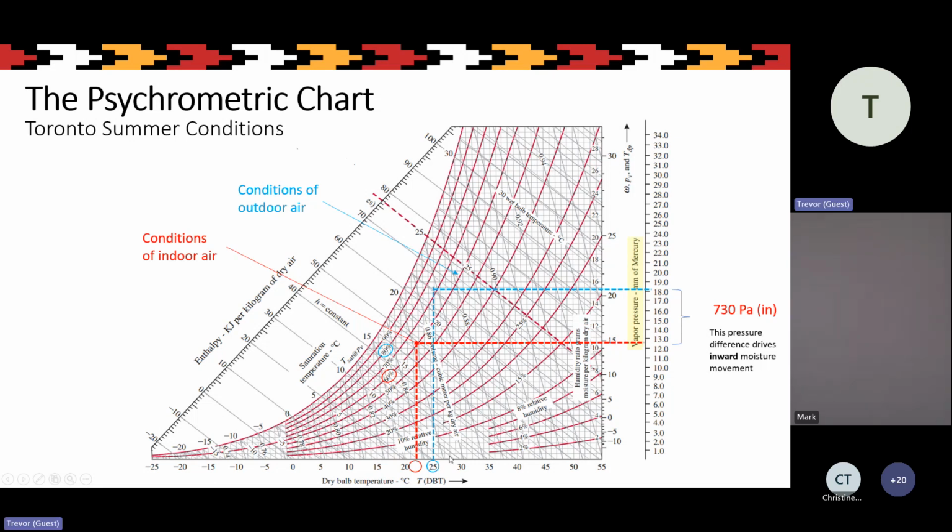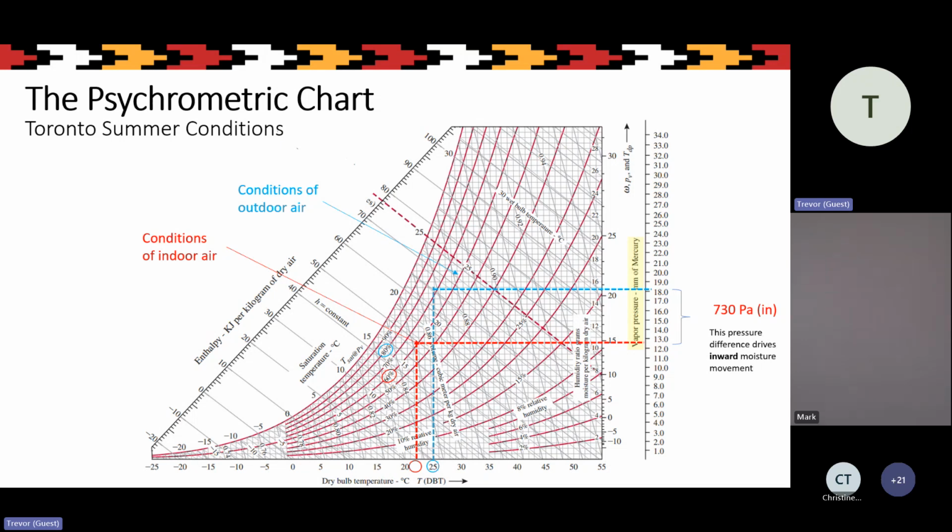But outdoors, we're at 25 degrees Celsius and 80% relative humidity. This is not unusual conditions for a Toronto summer. And now we have over 700 pascal difference, but now it's in the opposite direction. It's trying to drive from outdoors to indoors.